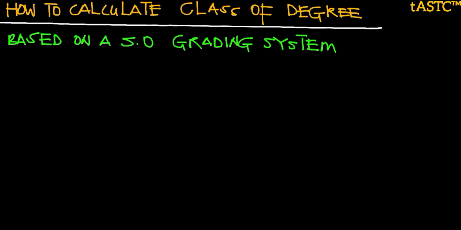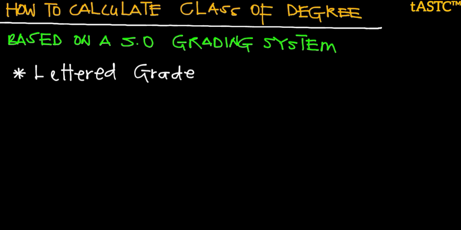Now, before we do that, you need to understand some basic terminologies under this whole stuff. So the first thing you want to know is the lettered grade. So we're going to talk about that first. The lettered grade.